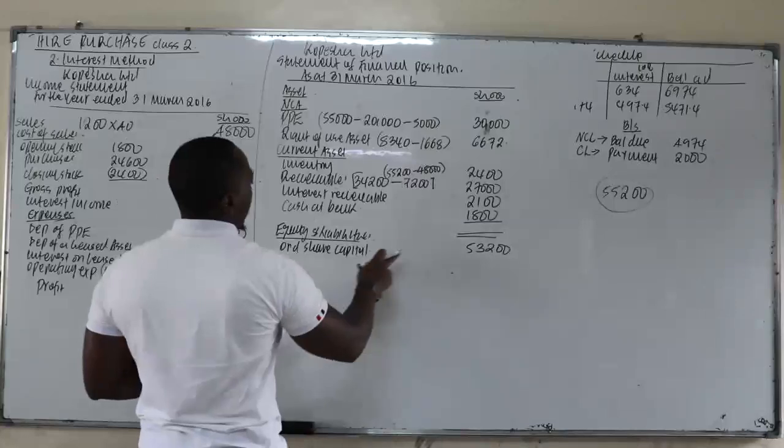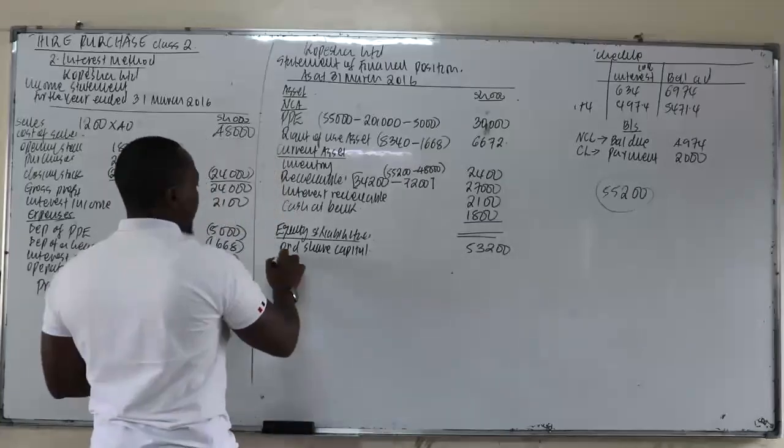So financial capital is 53,200. You want the retained profits.